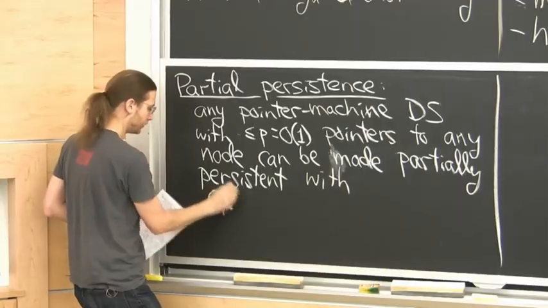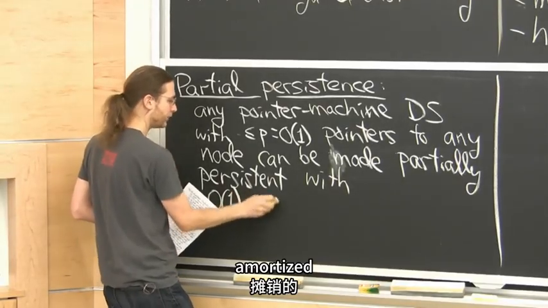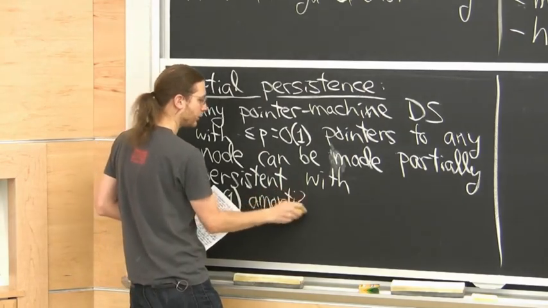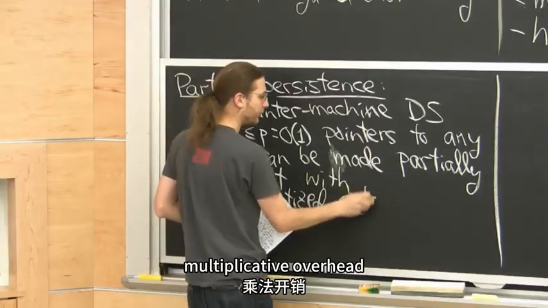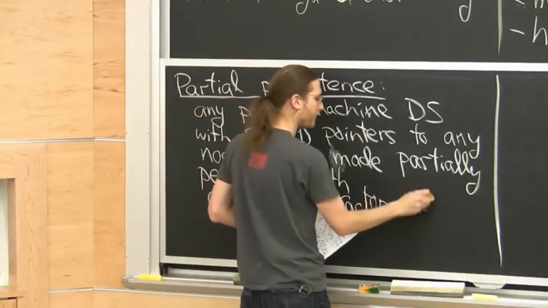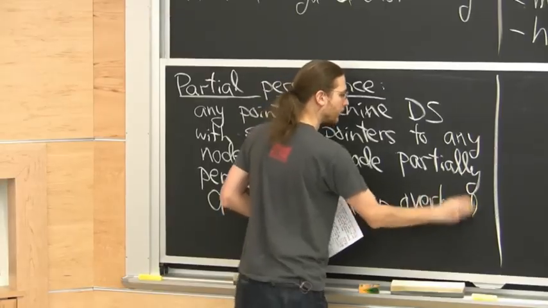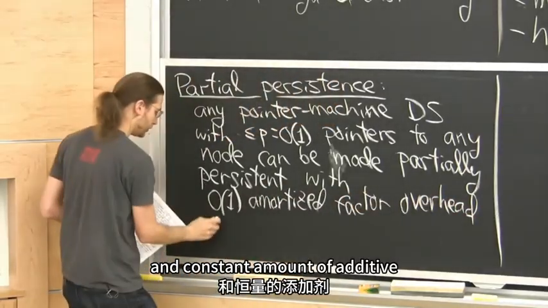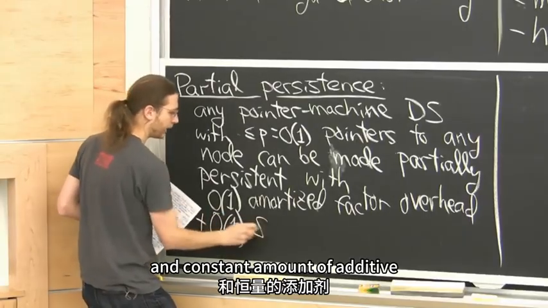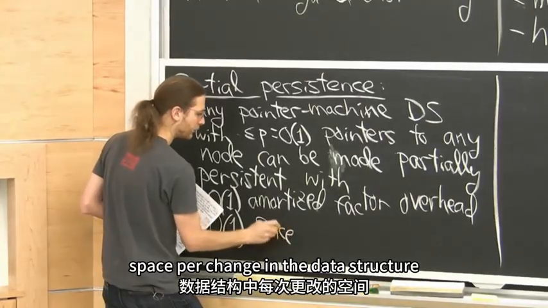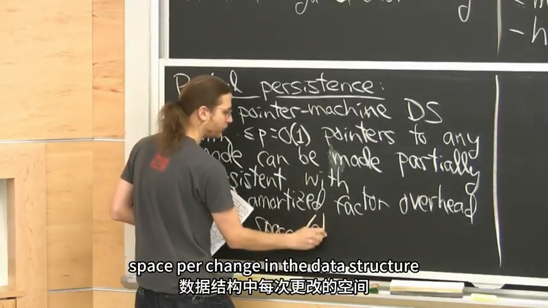Constant amortized factor overhead, so multiplicative overhead. And constant amount of additive space per change in the data structure.